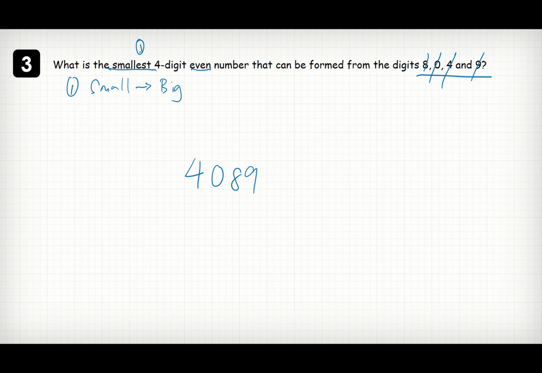Okay? Now, second is the same thing again. To find an even number, find the nearest even digit, put it in the ones place.